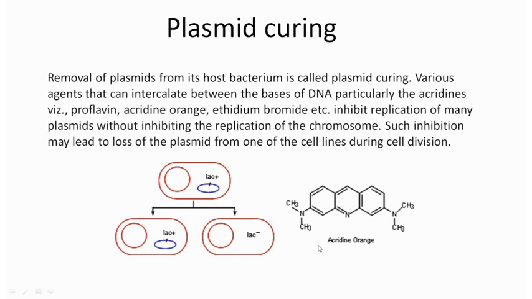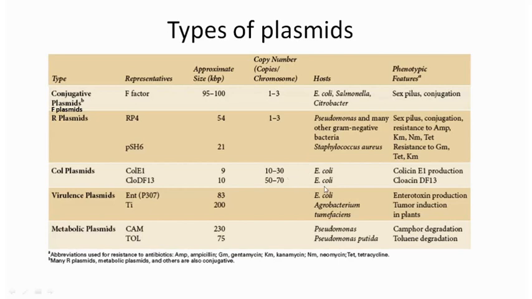In this way you will get many lac negative cells. Here we are talking about lac positive as a character, but other characters may also be there. If you want to see whether a character is borne by the plasmid, this plasmid curing technique can be applied. So now let us talk about the types of plasmids that exist.